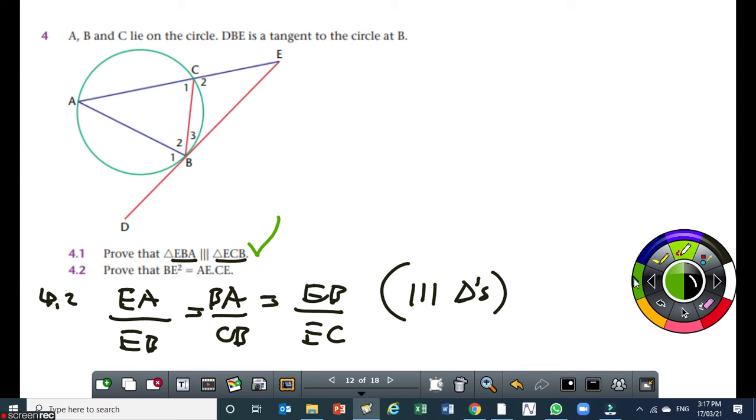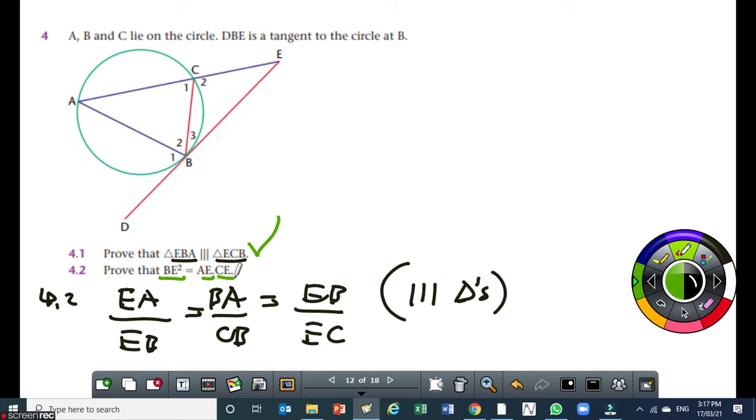So now, check this. After writing these three ratios, you go back to the original question. Let the question guide you, as I said. From now on, always remember those words. When you're answering geometry questions on similar triangles, proportion, let the question itself guide you. You see here we have got BE squared, AE, and CE.